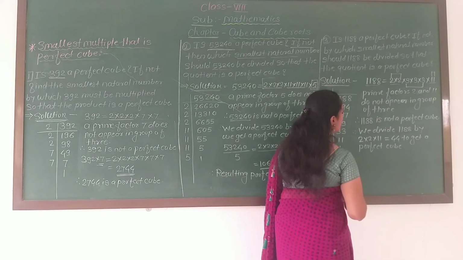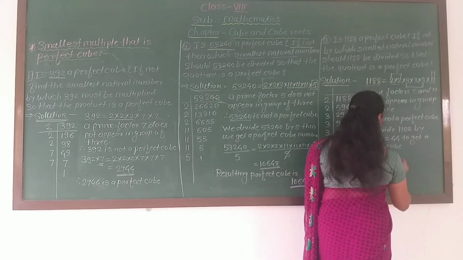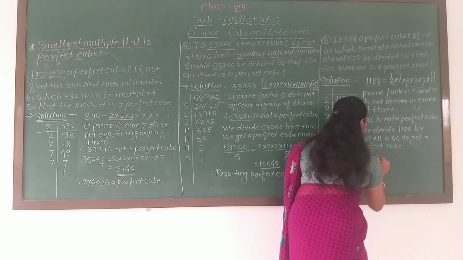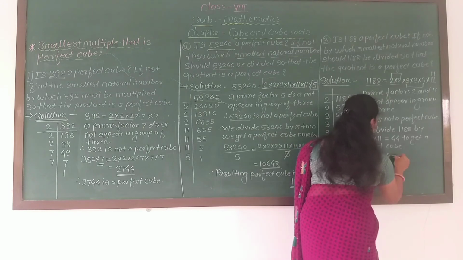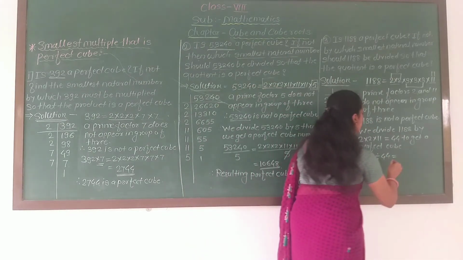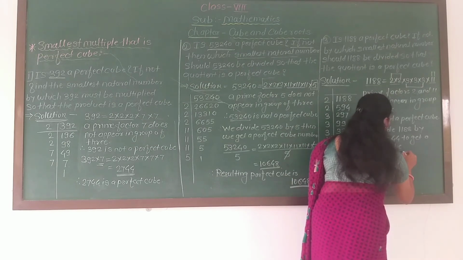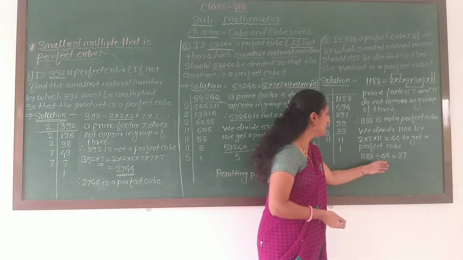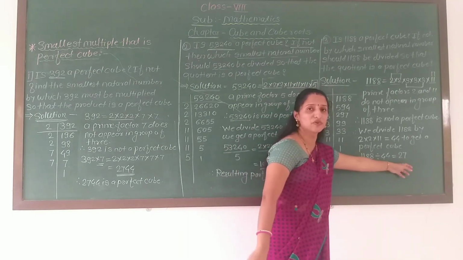So divide the number 1188 by 44. 1188 divided by 44. Now this answer is 27. You solve this example and check the answer. The division gives 27, that means the quotient is 27.